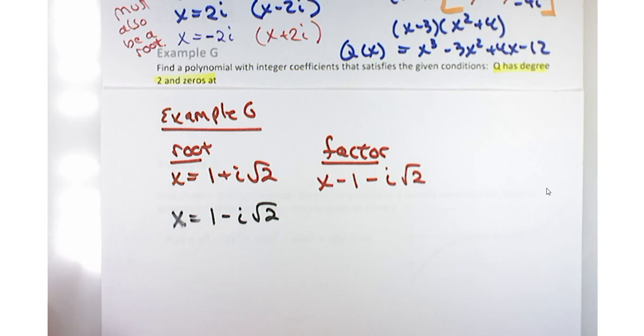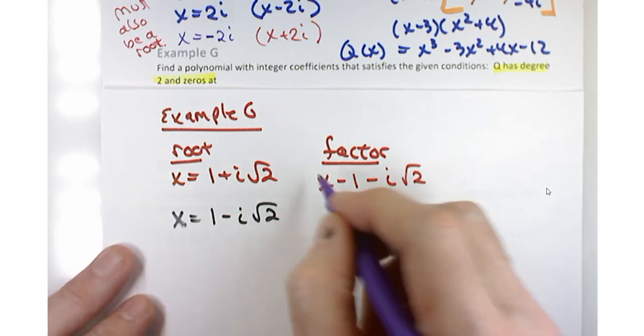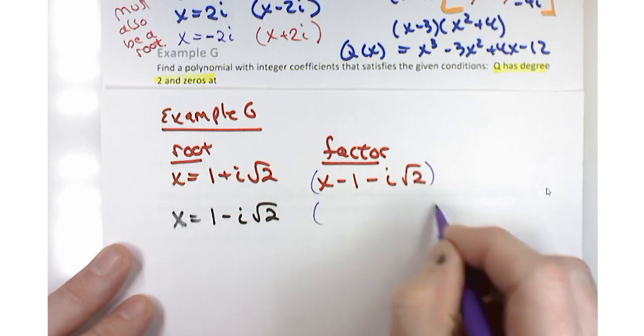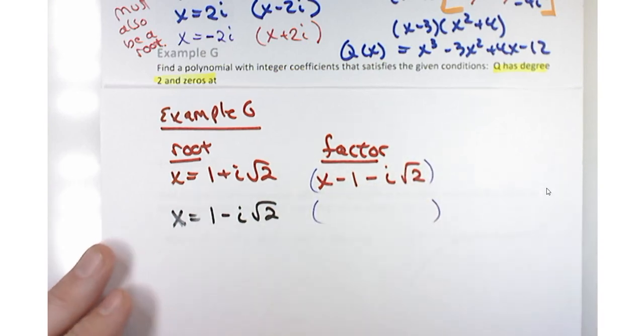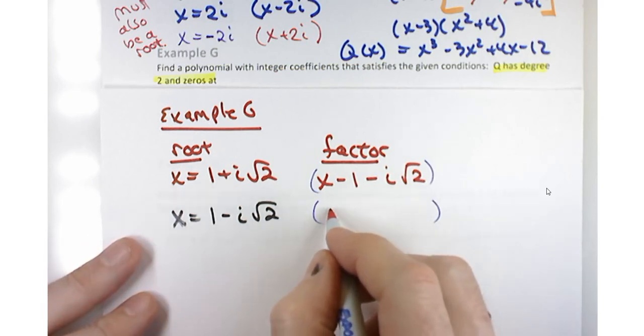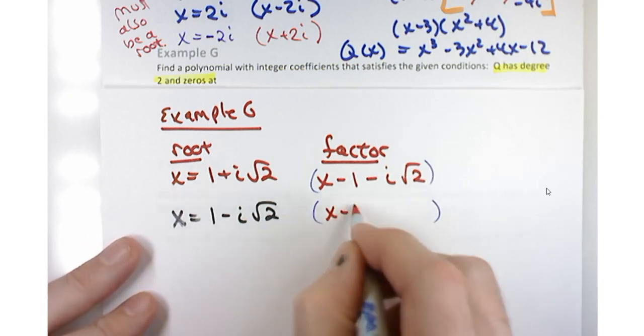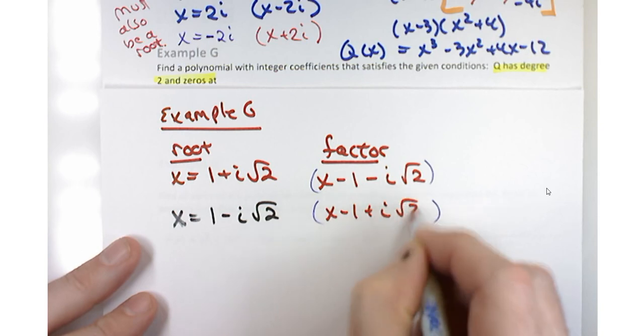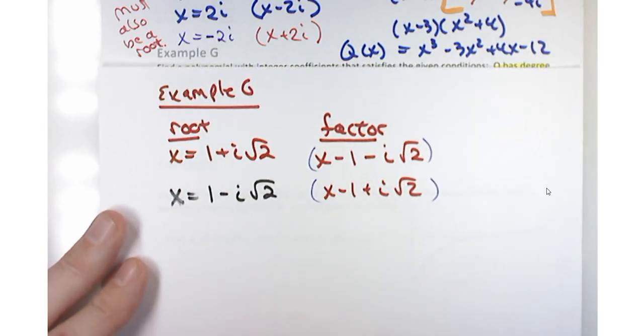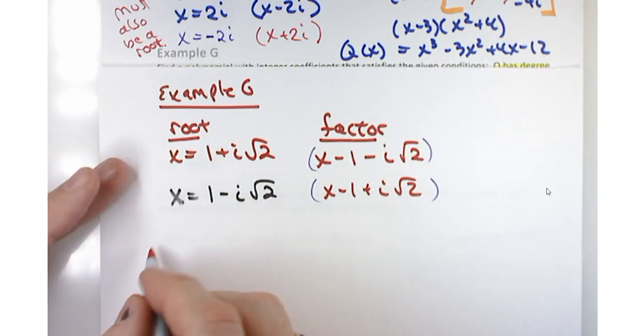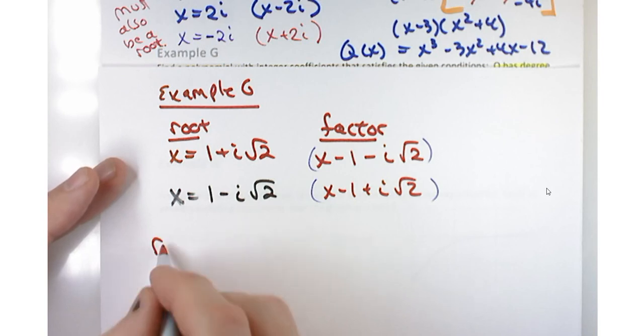So the first one is a root that was given, and it corresponded to this as a factor. What's the second one going to look like? x minus 1 plus i root 2. Nice. Now, as far as determining Q of x is concerned, let me give you a reminder.